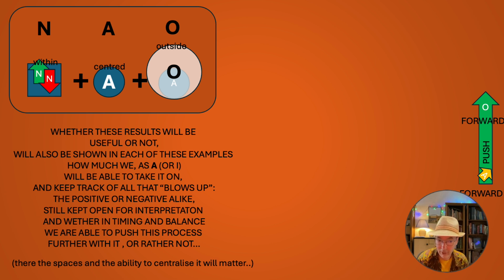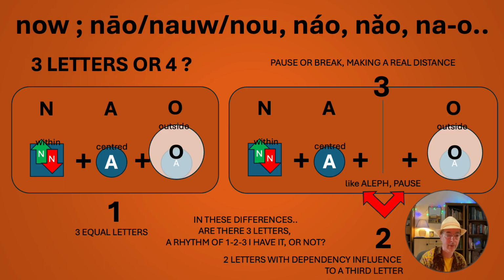And if they are still open to interpretation, and whether in this balance we are still able to push the whole process further with it or not, and if this will benefit us or not, it's not defined at that place. We just see it blown up, and what we will do with it will be defined later in all my examples.